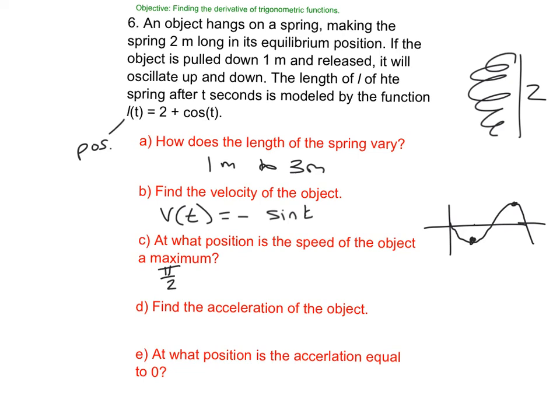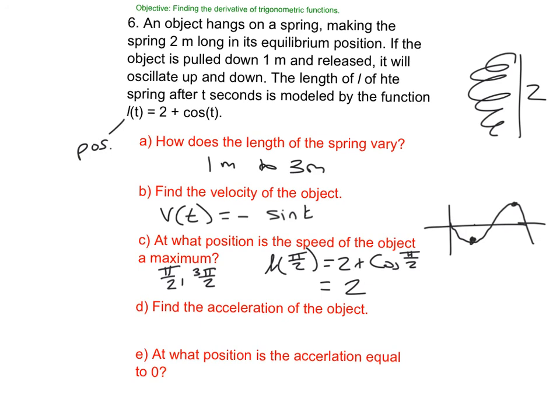And then what is the position at that point? So that's L of pi over 2, is 2 plus cosine of pi over 2. Cosine of pi over 2 is 0, so it's just 2. So when the position is 2.